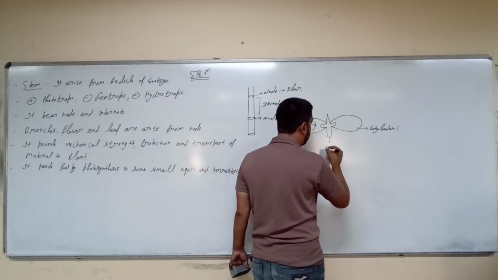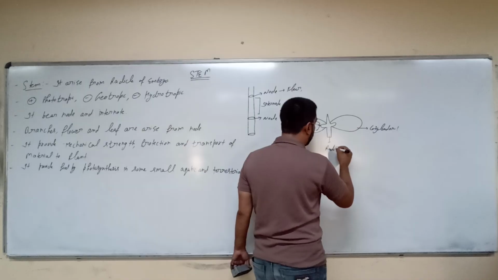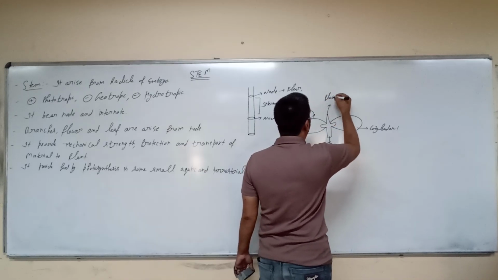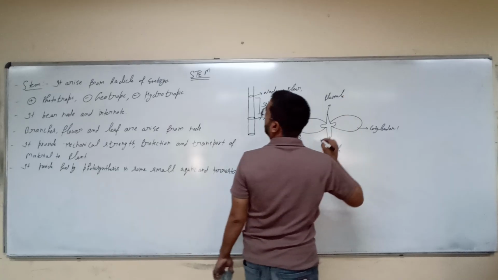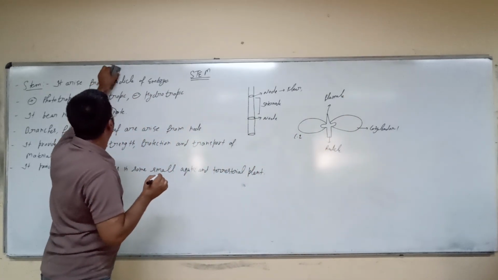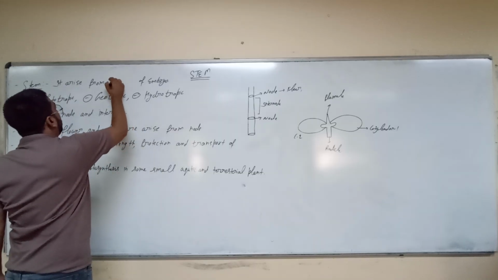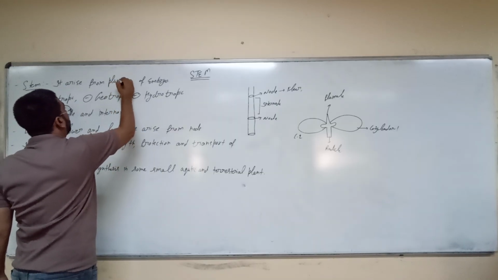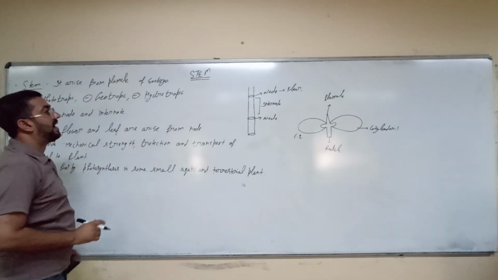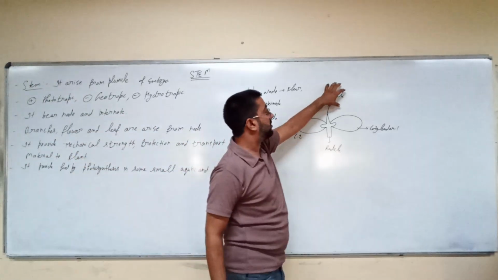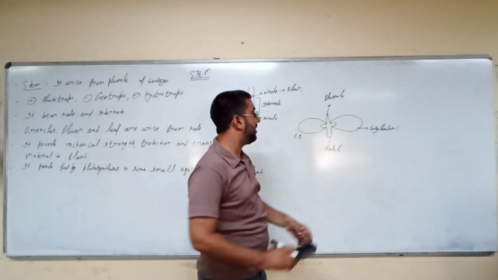This portion is radical, this portion is plumule. By mistake I wrote radical, but actually it is plumule. Please correct it. The stem arises from the plumule. This portion is the plumule and this portion is the radical.